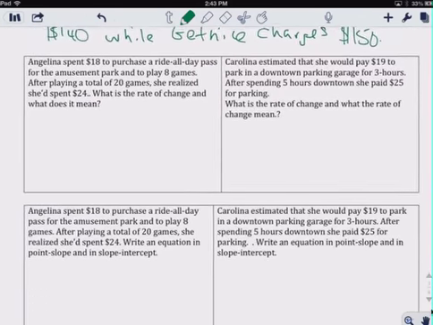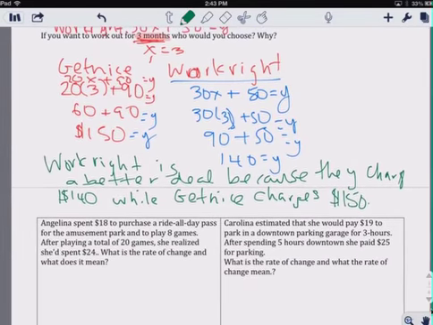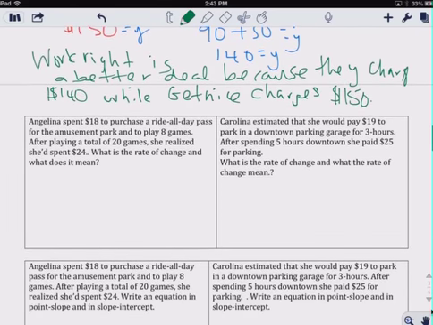Okay, here we go. So here's the answer for that one. And here's the next one.